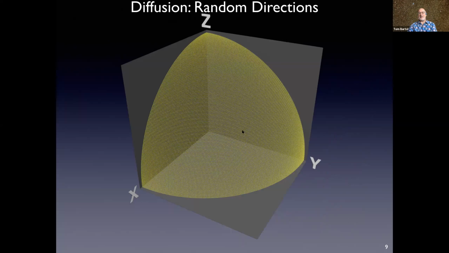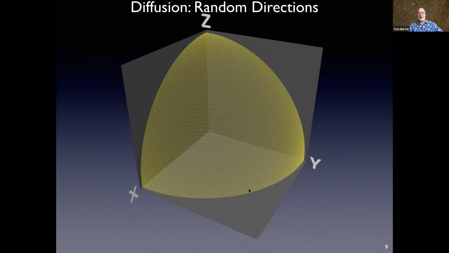So that gives us a randomly sampled distribution of distances that the particles will move in the random walk simulation that we're going to do. And we also need to sample random directions, and we have to sample the random directions without any bias. That means sampling the surface of a sphere at points of equal area.